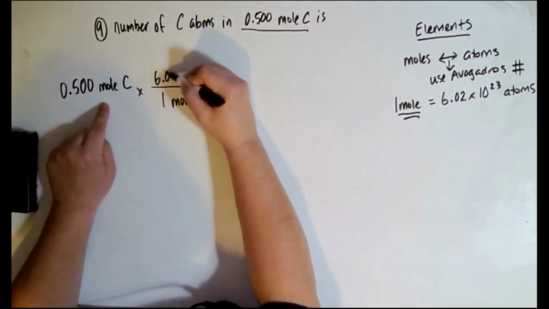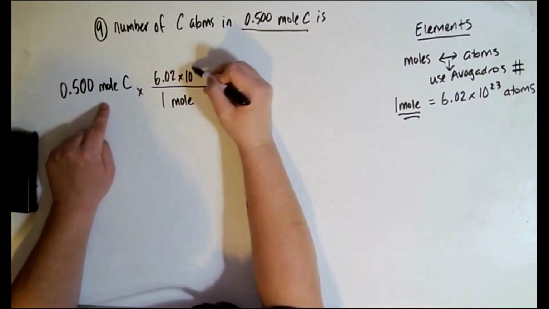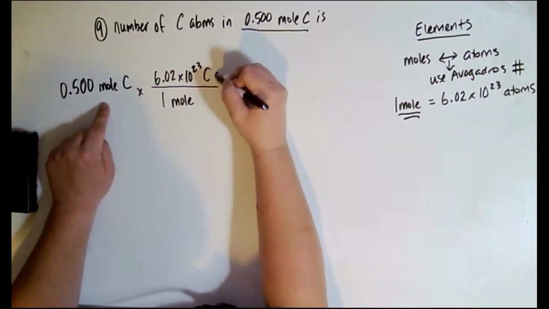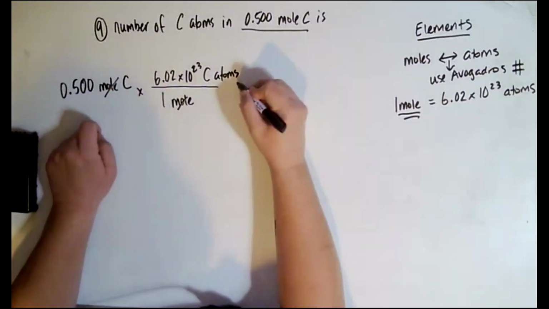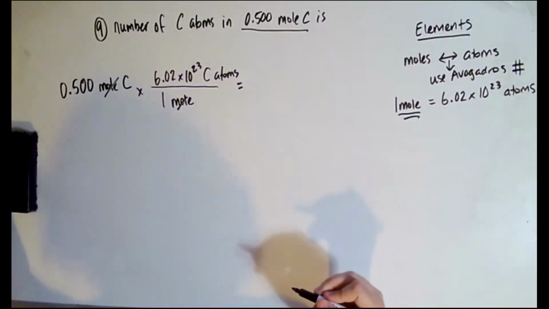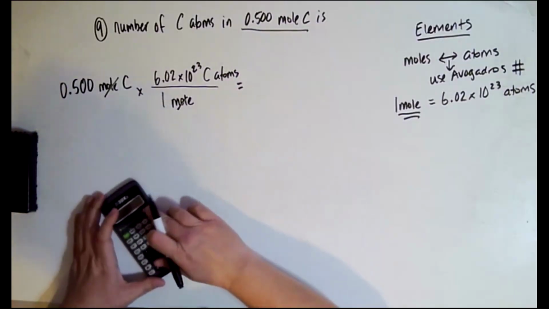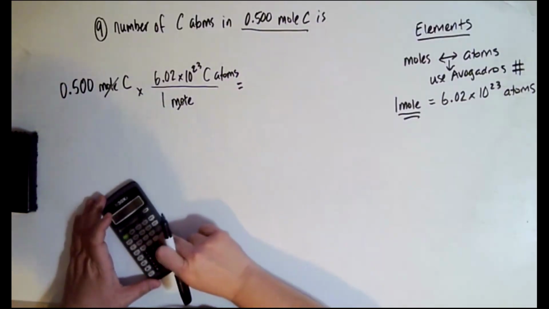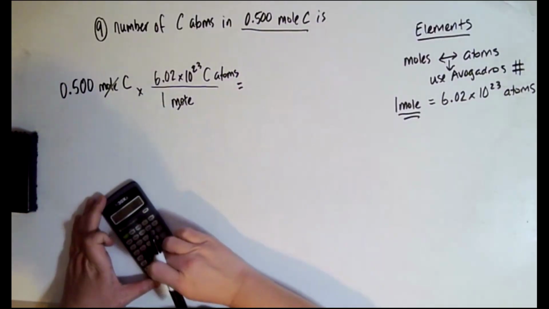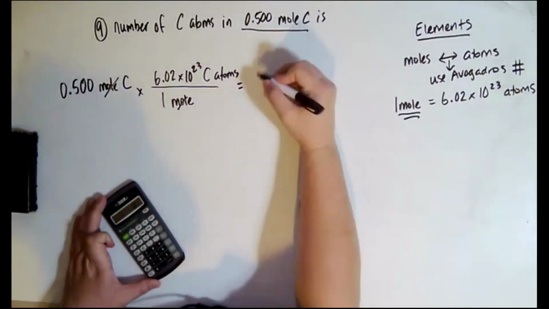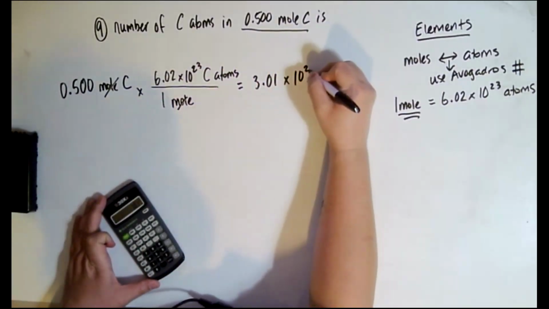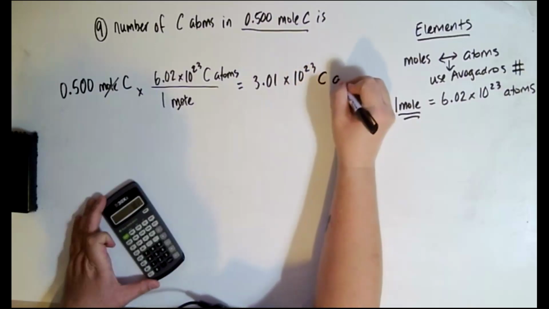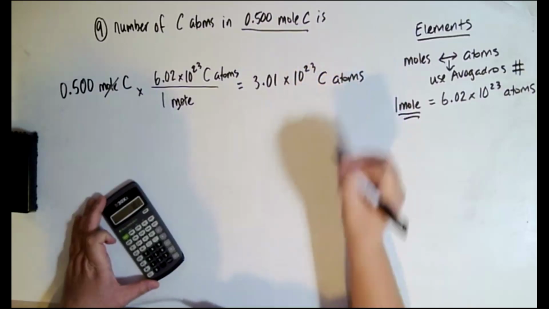And my 6.02 times 10 to the 23 carbon atoms goes up top. And we're going to end up with 3.01 times 10 to the 23 carbon atoms as our final answer there.